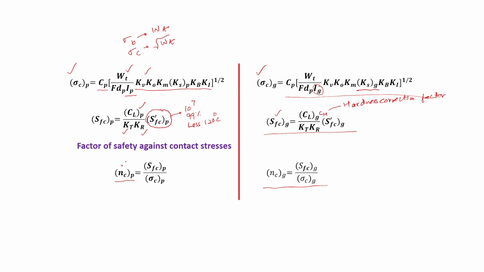Now, this factor of safety is with respect to under root of the Wt, and so when we compare the factor of safety against bending fatigue, that is Nb, with this Nc, then for comparison this Nc is made square, so that both are related to Wt. And then the factor of safety against bending and factor of safety against contact stresses are compared.